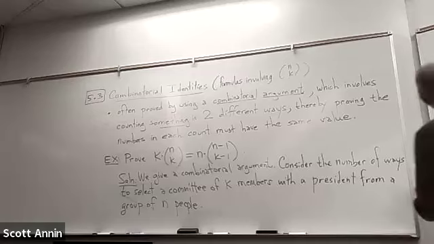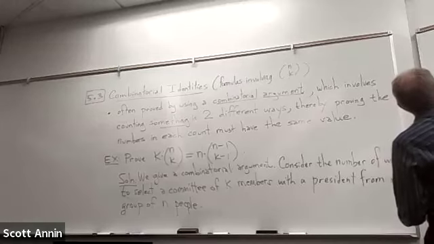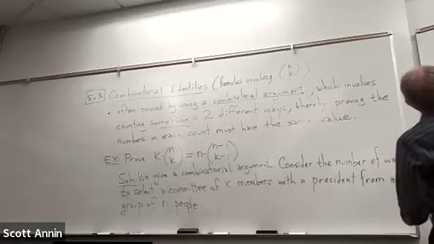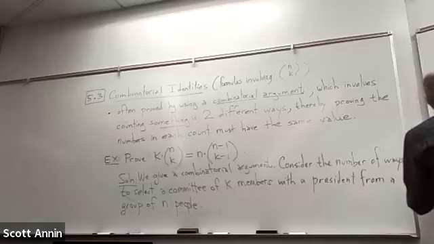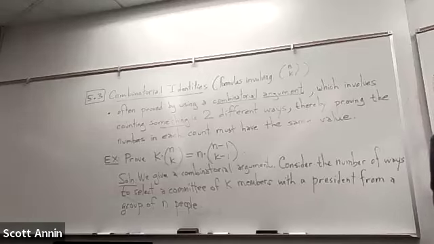So method number one, write it. You'll see me do this a lot. I'll actually put the two ways of doing the count as two methods, right? So in this case, the first method is there are N choose K ways to select committee members.